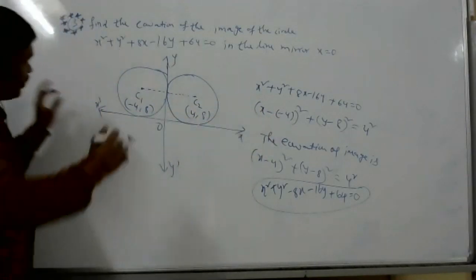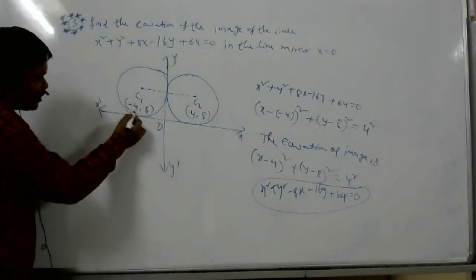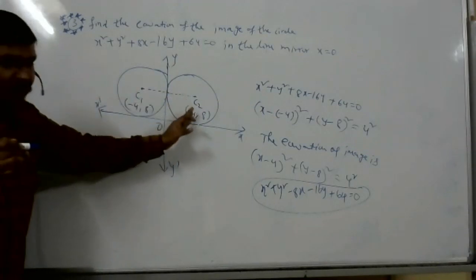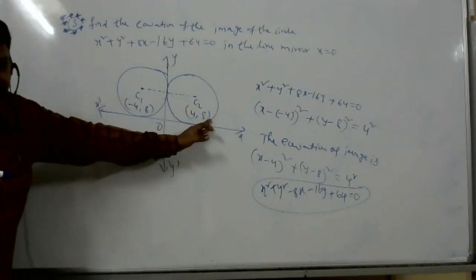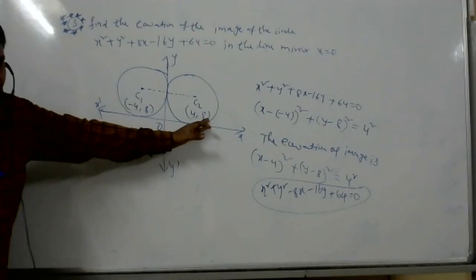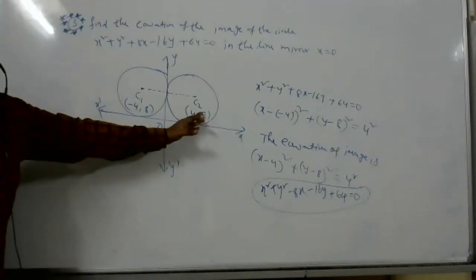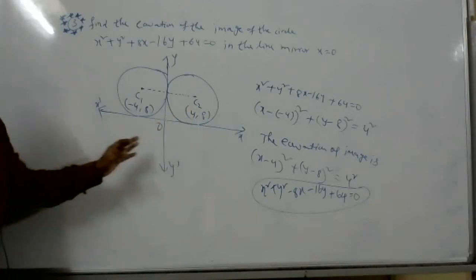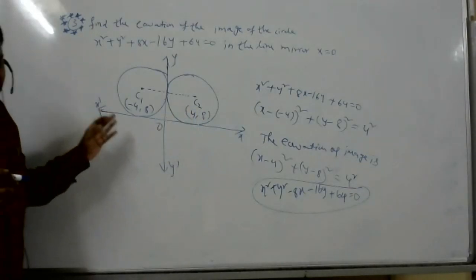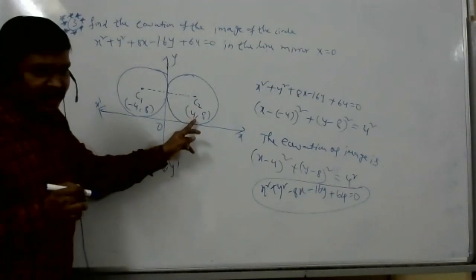See, center C1 is minus 4 comma 8, and in the y-axis it is plus 4 comma 8. Understood, Ananya? Okay. The image of the center minus 4 comma 8 in the y-axis is 4 comma 8.